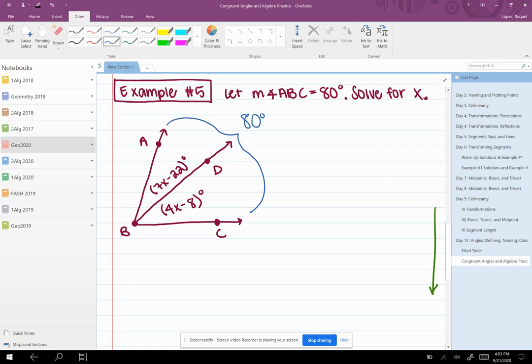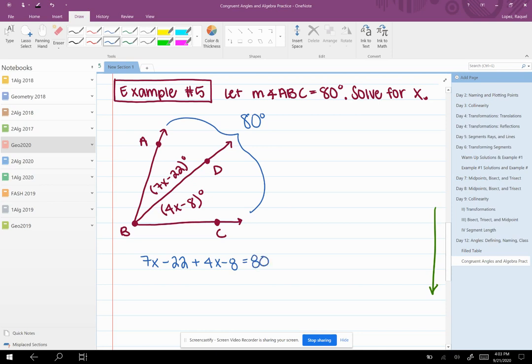If I know that whole thing measures 80 degrees, that means the 2 smaller angles, which are labeled there, I can add together, and that'll get me to the 80 degrees. So I'm going to set up an equation: 7x minus 22, because that's the expression I have for one of the angles, added to 4x minus 8, because that's the expression for the other angle, and I'm going to set that equal to 80.